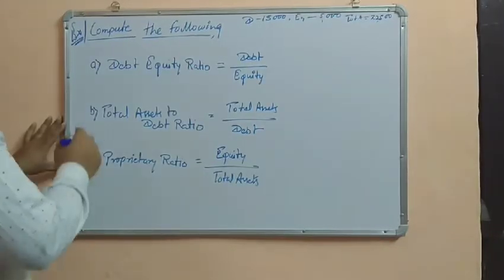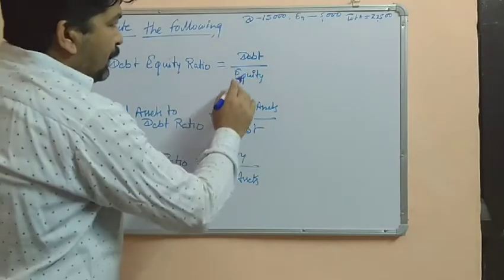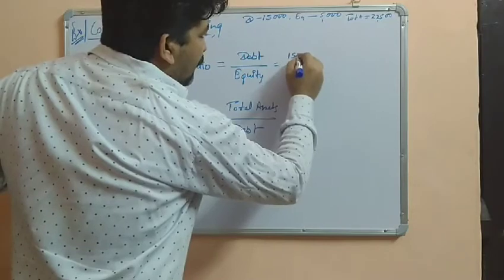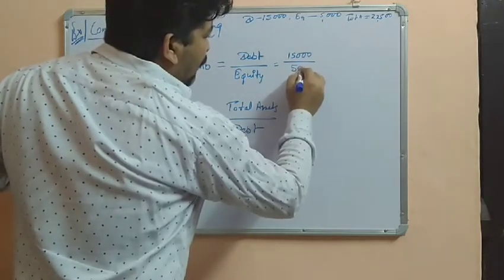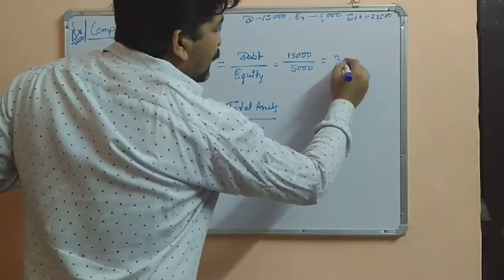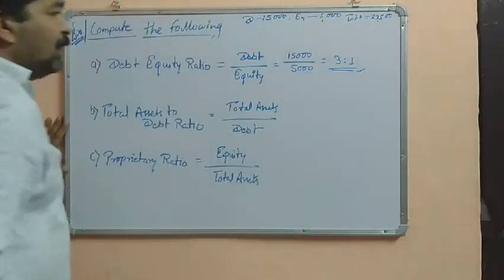So here, debt equity ratio, the formula is debt by equity. The value of debt we had already counted, 15,000, and the value of equity is 5,000. So the ratio is 3:1. Okay.